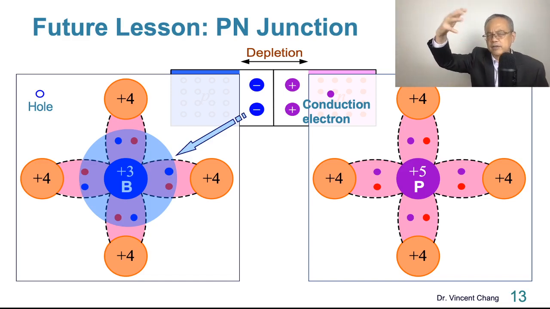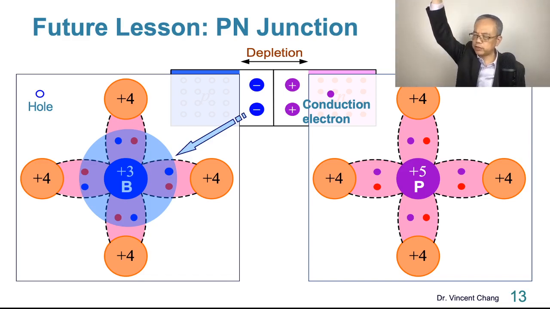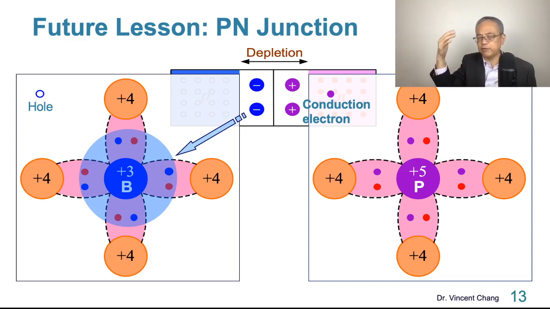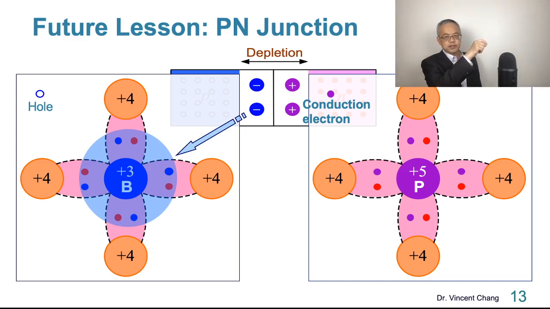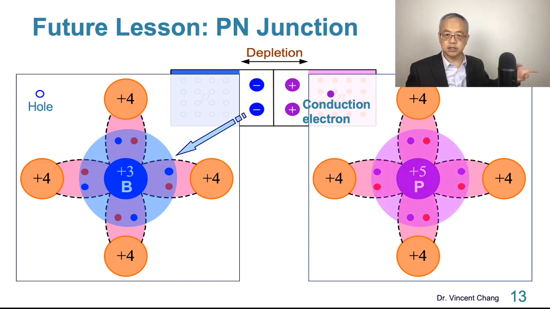I will explain the detail in the future, but let me give you a quick summary. The electron concentration is very high on the right-hand side, and the electrons will diffuse to the other side, to your left-hand side. When the electrons leave the n-type semiconductor, the charge is exposed. What kind of charge? Positive donor ion.